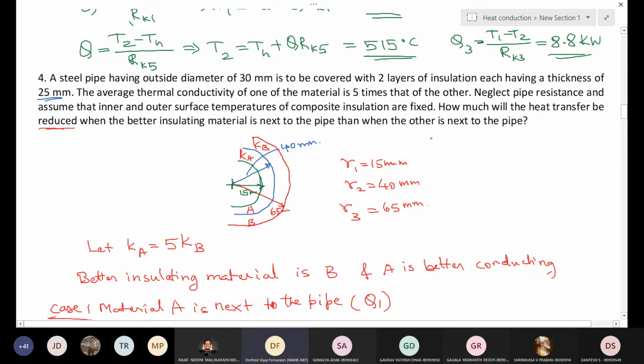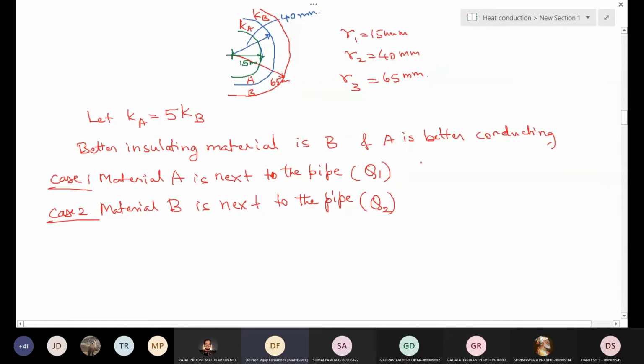That is not given. Also, thermal conductivity is given only as a ratio, Ka by Kb is 5. That's all. So we can write the expression for heat transfer, and we can see which is getting cancelled when we take this ratio of Q1 and Q2. And is it possible for us to simplify?